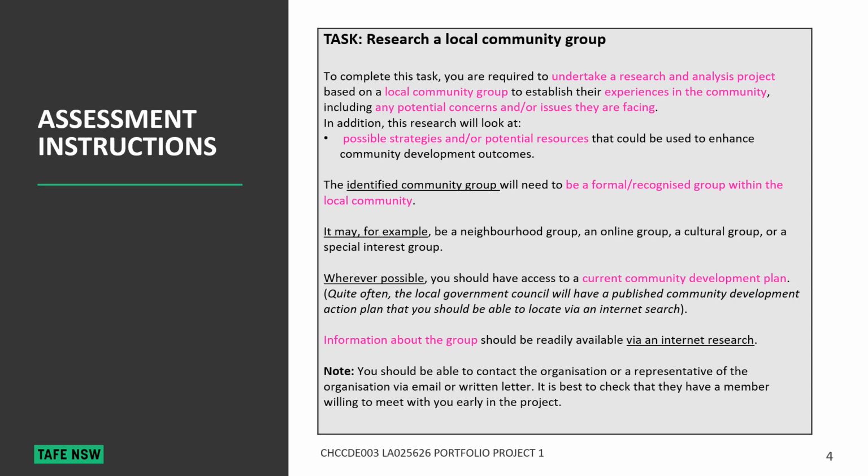So if you're struggling to find information on the group, then it might be best to choose another group. So, it might take a bit of research to identify, but once you get the right group, then it'll make the assignment much easier. So the planning is important.